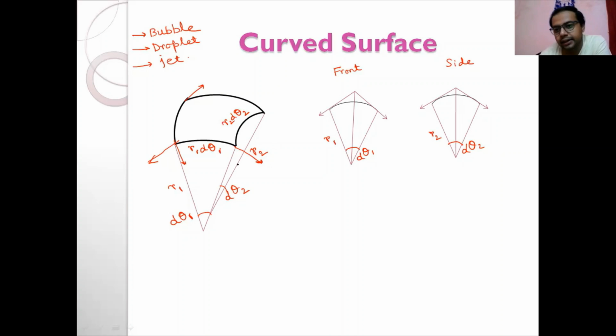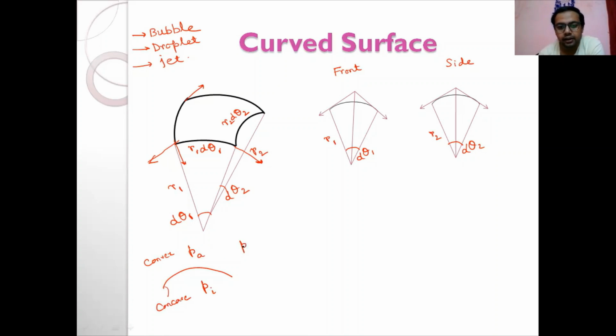Some pressure is acting here. The curve looks like this from one side. This is the concave portion, this is the convex portion. In the concave portion, some pressure is acting, PI. In the convex portion, the pressure is atmospheric pressure, PA.